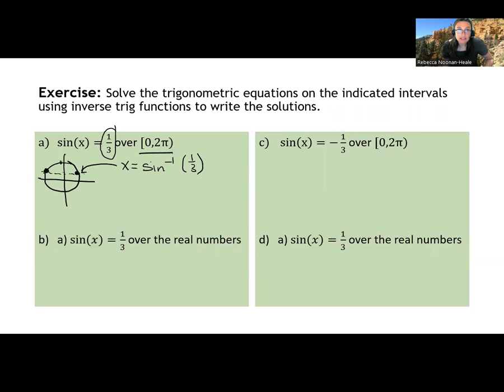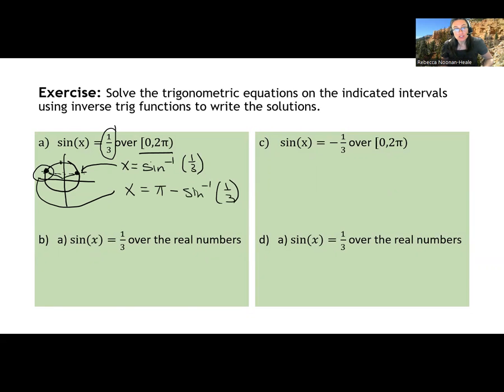To get this angle in here, I'm going to start at pi and then subtract this little angle here, which is the same as that one over there. So I'm going to subtract sine inverse of 1/3. And these are my two answers.